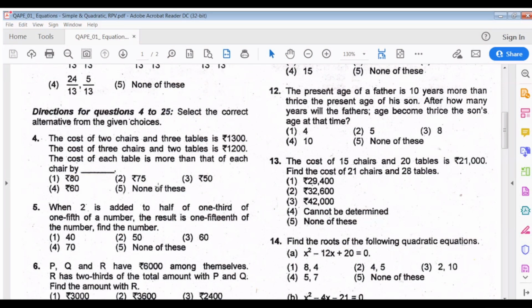Anybody got the answer? Five years. Okay, all right.